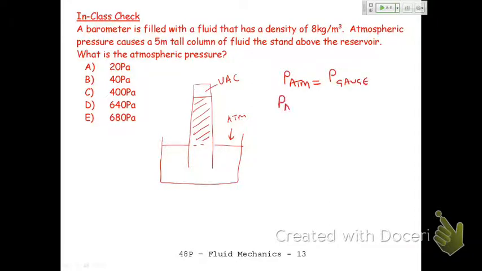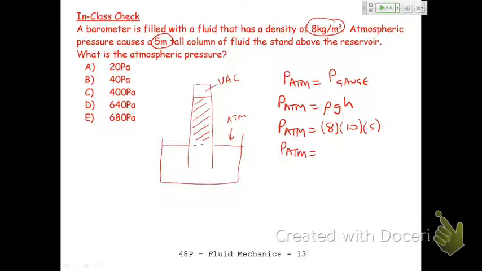So P atmosphere is equal to rho g h, which is 8 kilograms per cubic meter times 10 for our g times h is 5. So P atmosphere is going to be 400 Pascal.